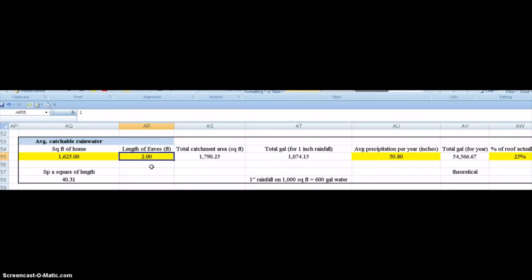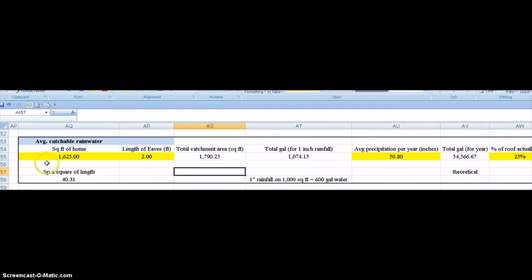The part of your house that can catch water, or the part of a structure that can catch water, is called the catchment area. Okay, so that's simply the total square feet.